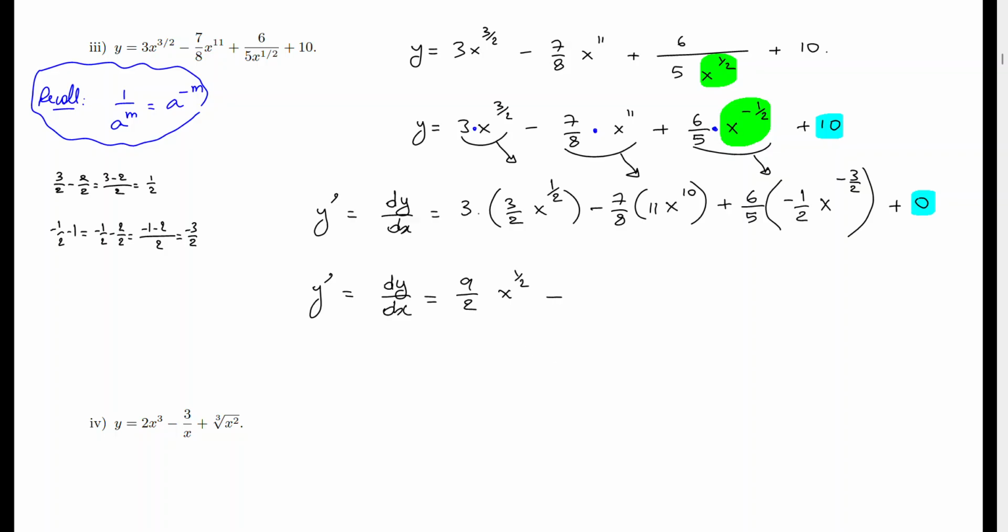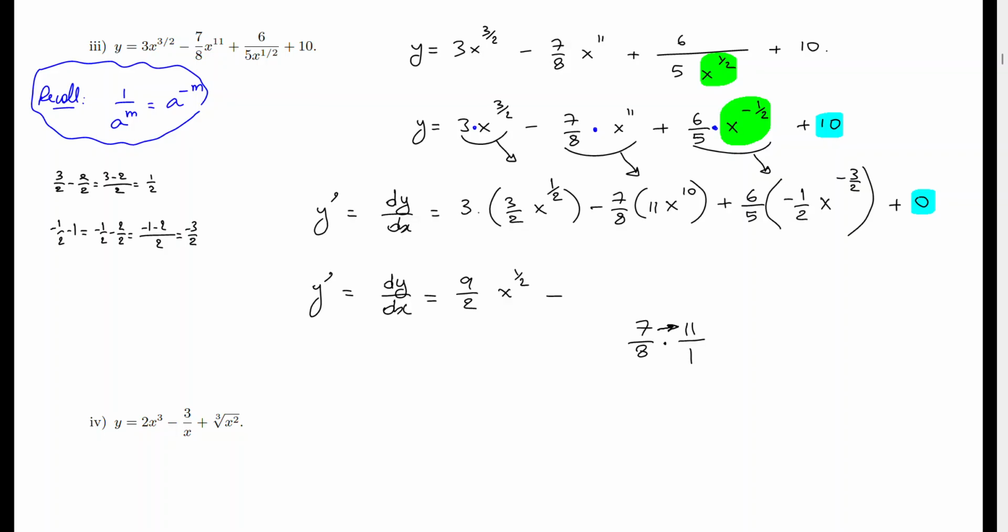The next term, we have 7/8 times 11. Again, I can put 11 over 1 and multiply straight across, top with top, bottom with bottom. So that's going to be 77 over 8 with x to the power of 10. Next, we have the fraction 6 over 5 multiplied with the fraction negative 1 over 2.